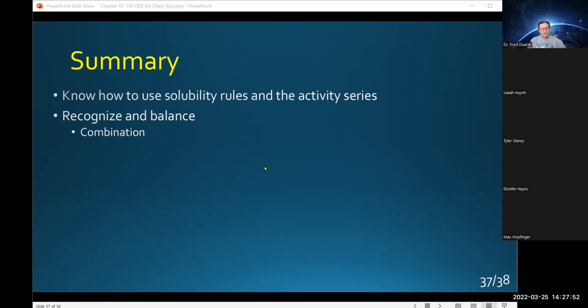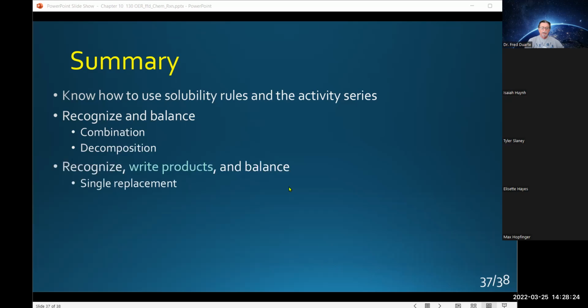Balancing for these is pretty simple, basically a little trial and error. Same is true for the decomposition reactions, and how to recognize them. Remember, a combination reaction is the coming together of two elements to create a compound, whereas the decomposition reaction is the process of a compound being broken down back into its elements.